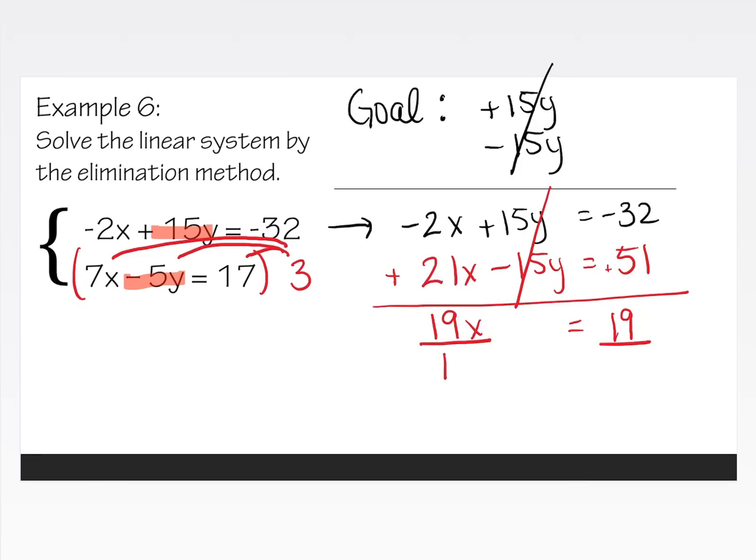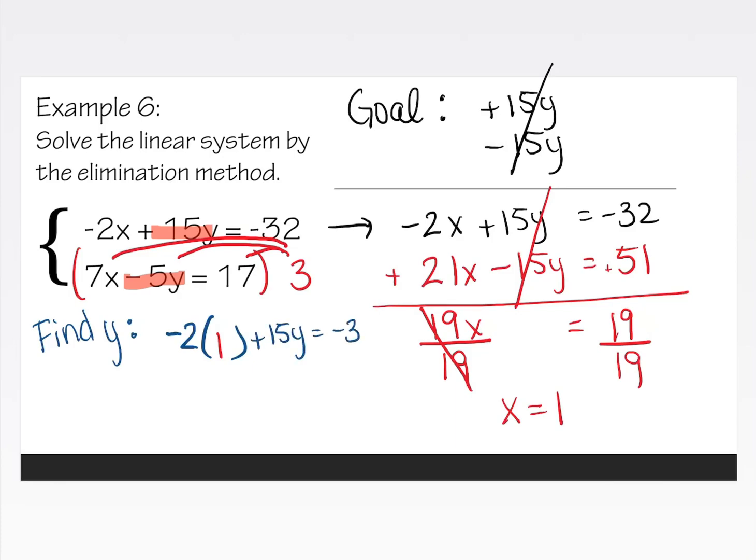Divide by 19 on both sides, and we get x equals 1. Now again, we still need to substitute in order to find y, so let's substitute back into an original equation. So let's say we have negative 2 times our 1 is going to go in for x plus 15y equals negative 32.